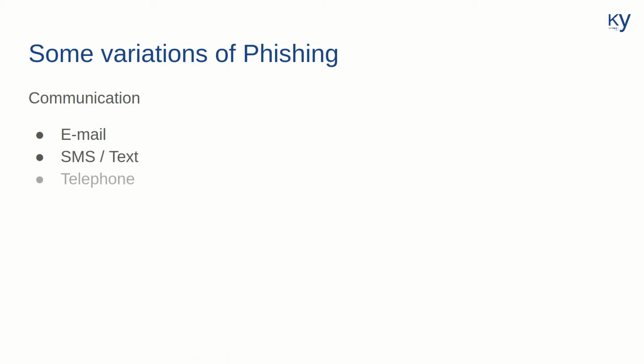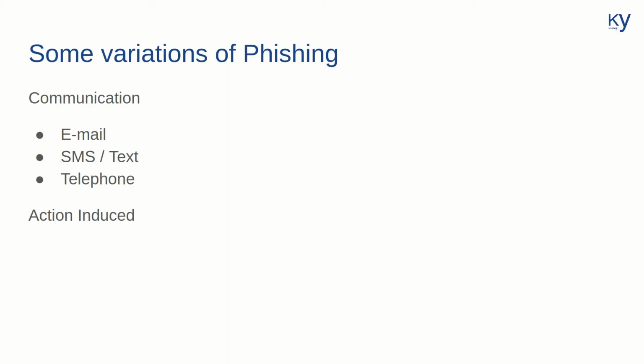Or you could in fact get a telephone call, and somebody will tell you that something has happened and you need to do so and so immediately. So just remember that it's not just emails, but even text messages or telephone calls that can be used by attackers.